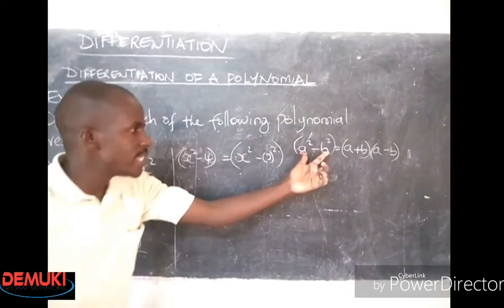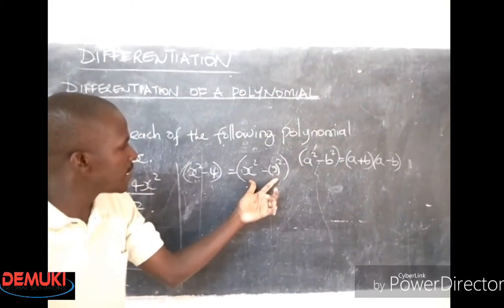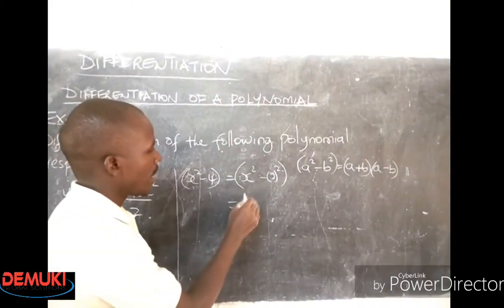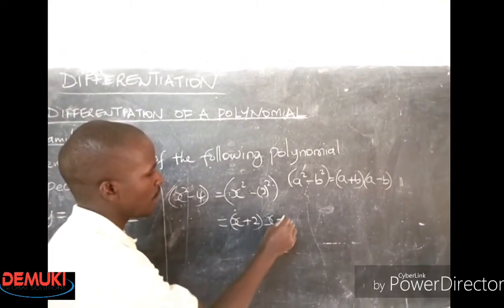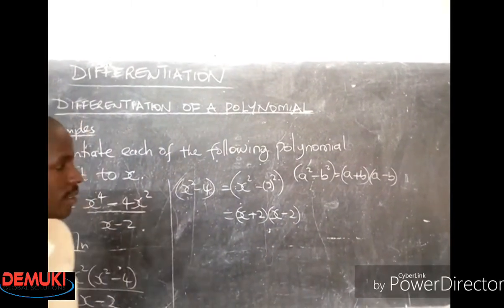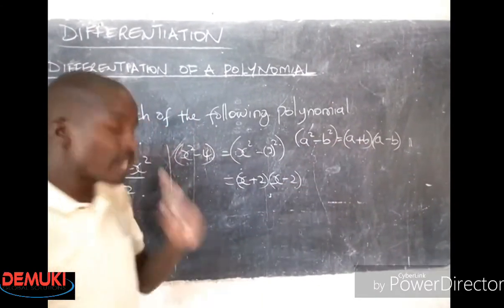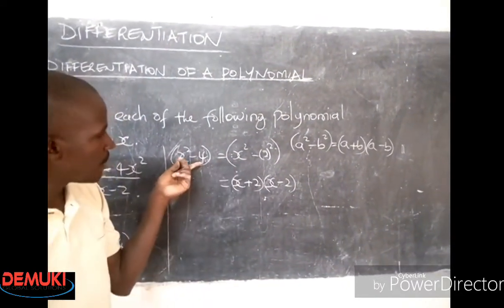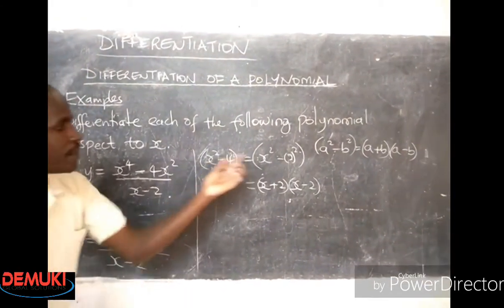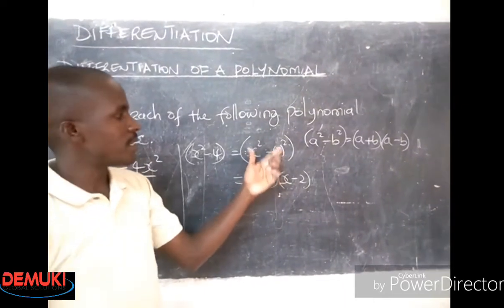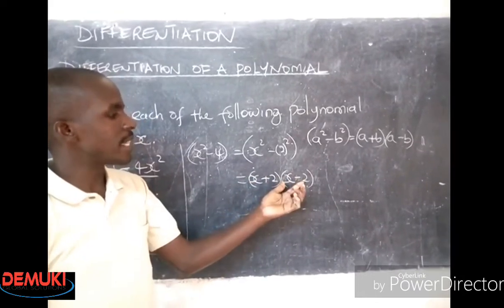So if we relate these, this one will be x plus 2 times x minus 2. If this is true, which it is, then x squared minus 4 as we have here can be written as x squared minus 2 squared, and this can be written as x plus 2 times x minus 2.